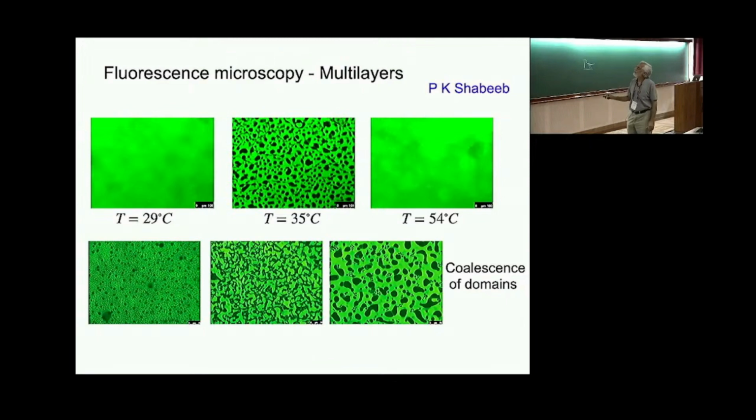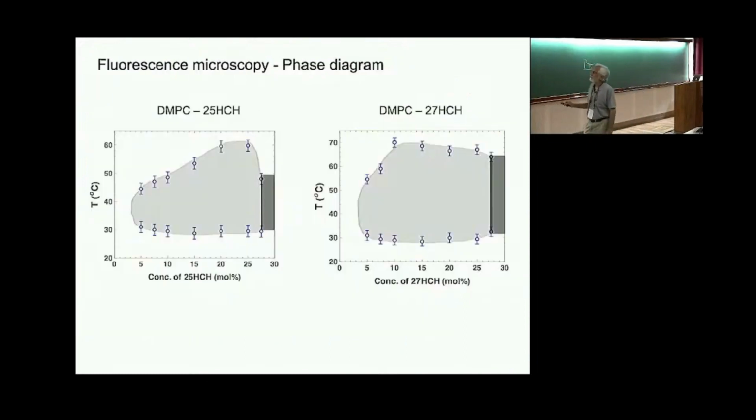And again, here you can see that with time you have coalescence, and that again confirms that these are fluid-fluid coexistence. You can get a phase diagram from this, which looks somewhat similar to what you got with the other technique, not precisely the same because one is looking at different things, but the basic features are essentially the same. You have a closed loop region of fluid-fluid coexistence.